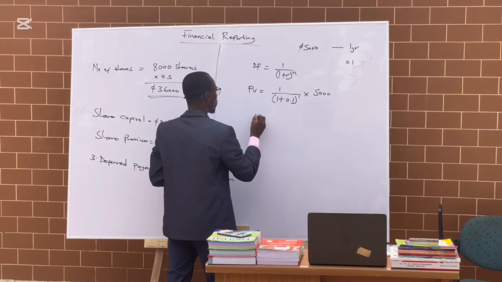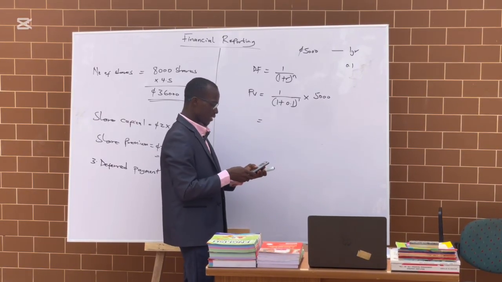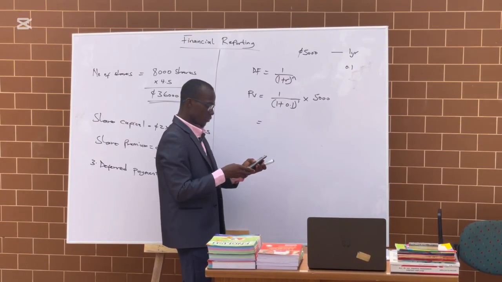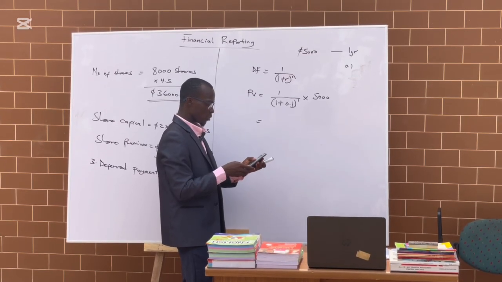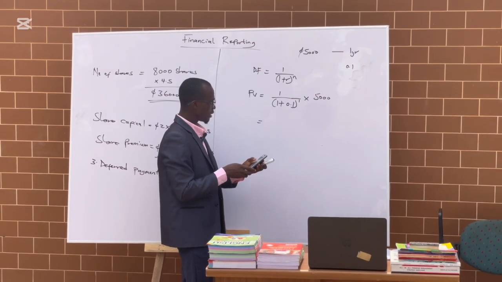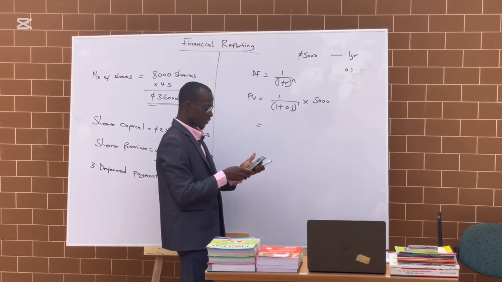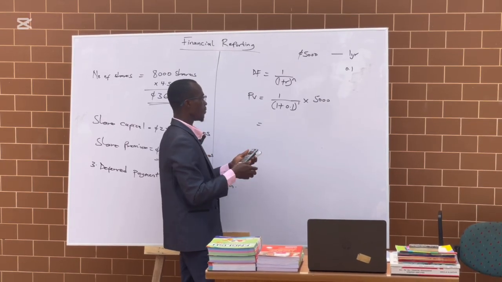So you just have to do your computation. Let me calculate it fast so that we can move on with a lot of stuff today. So this is how you're going to do it: 1 over 1 plus 0.1 power 1, times 5,000. Or you can also do it.